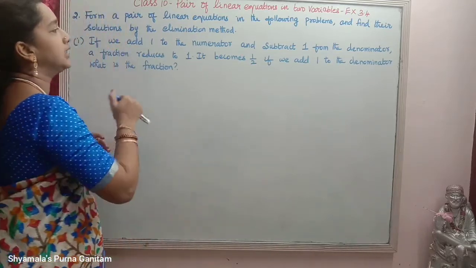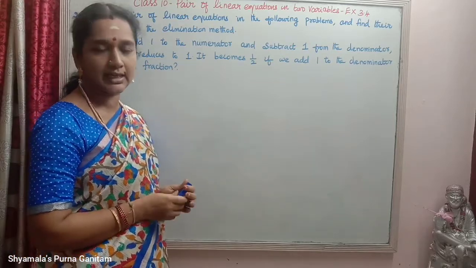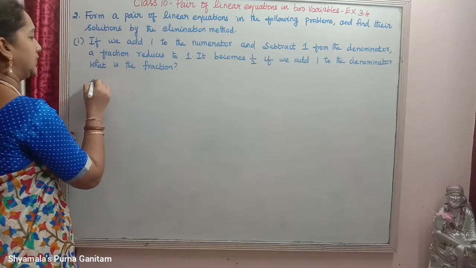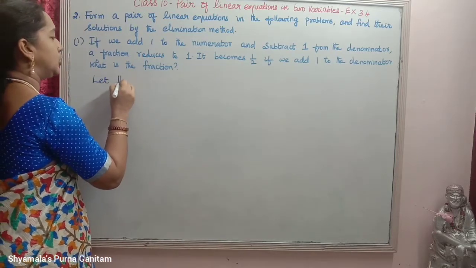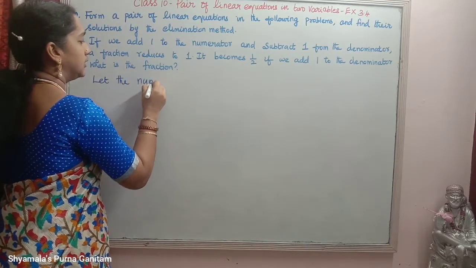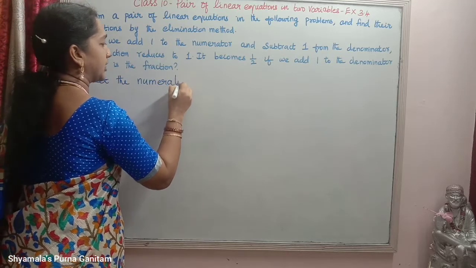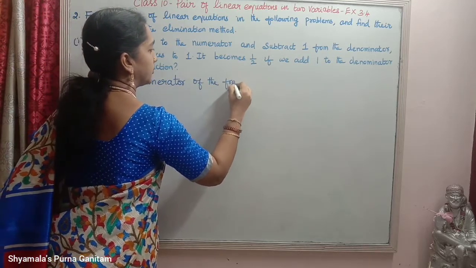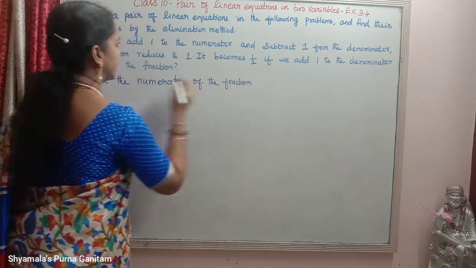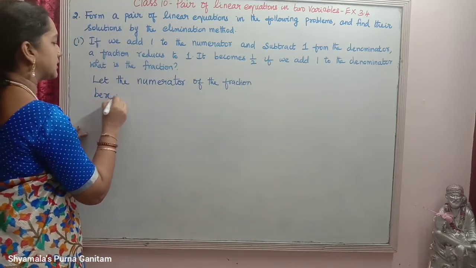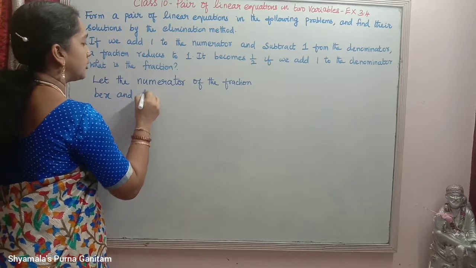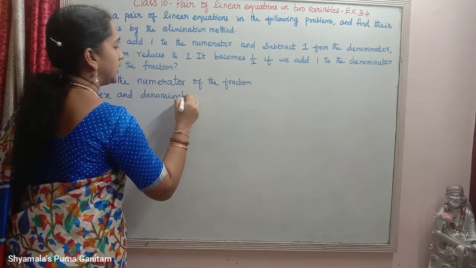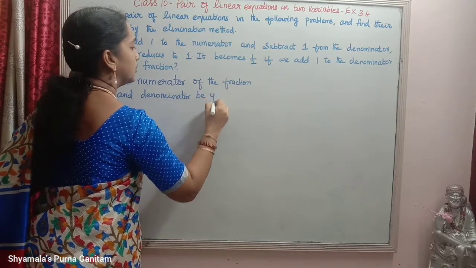So we will take the numerator of the fraction as x and the denominator of the fraction as y. Let the numerator of the fraction be x and denominator be y.